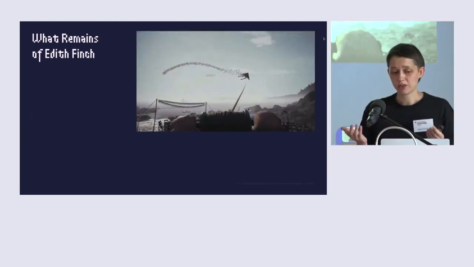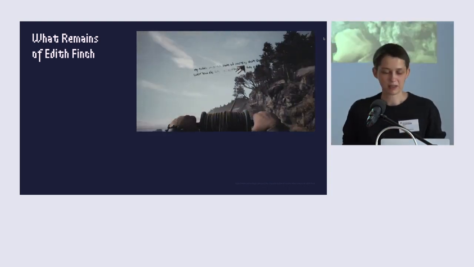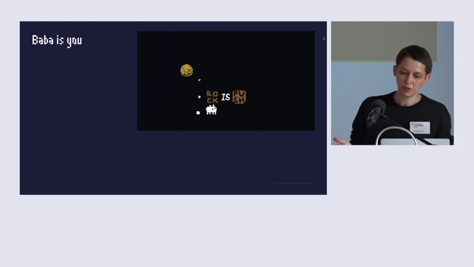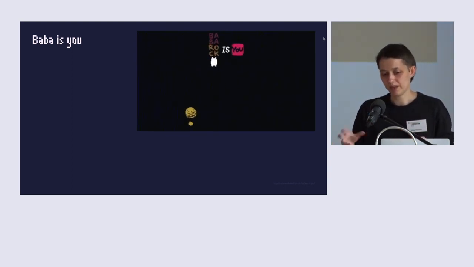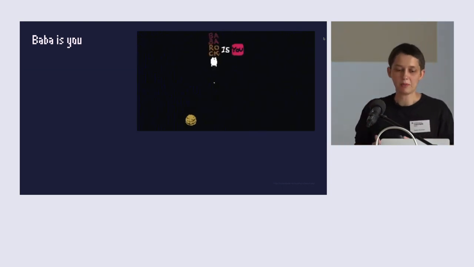Or What Remains of Edith Finch, where you can interact with the text. Or Baba Is You, where a block of text is actually an interactive element of the game itself.